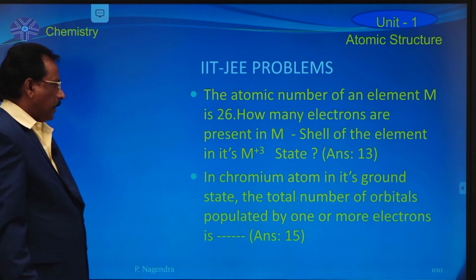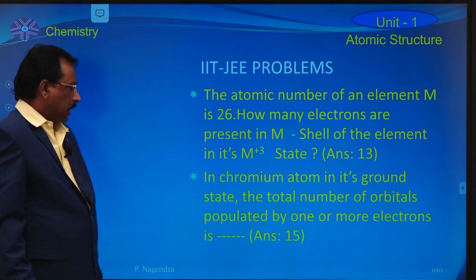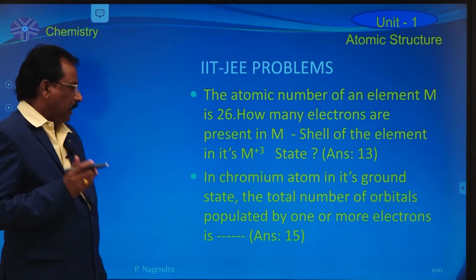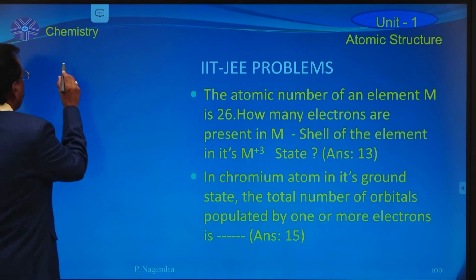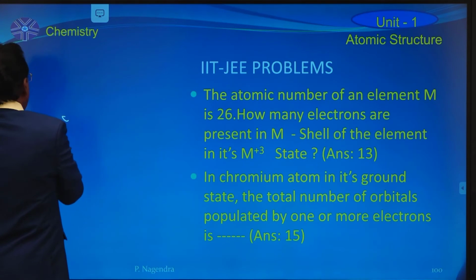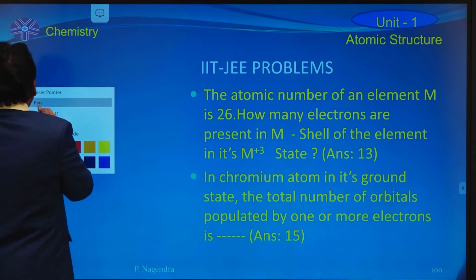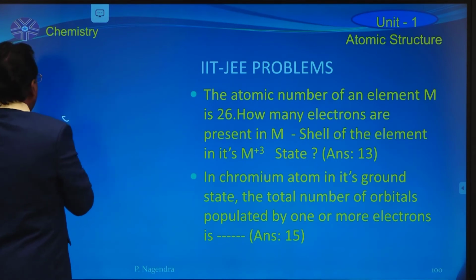chromium atom in its ground state, that means the abnormal electronic configuration of chromium.